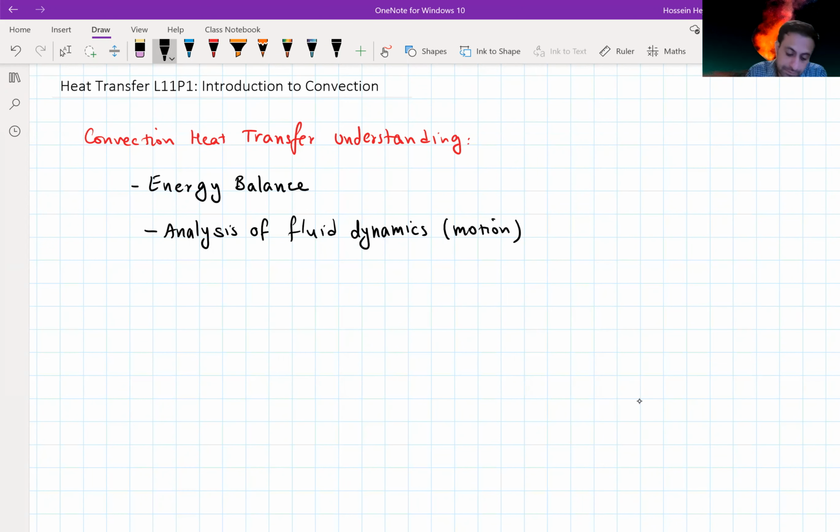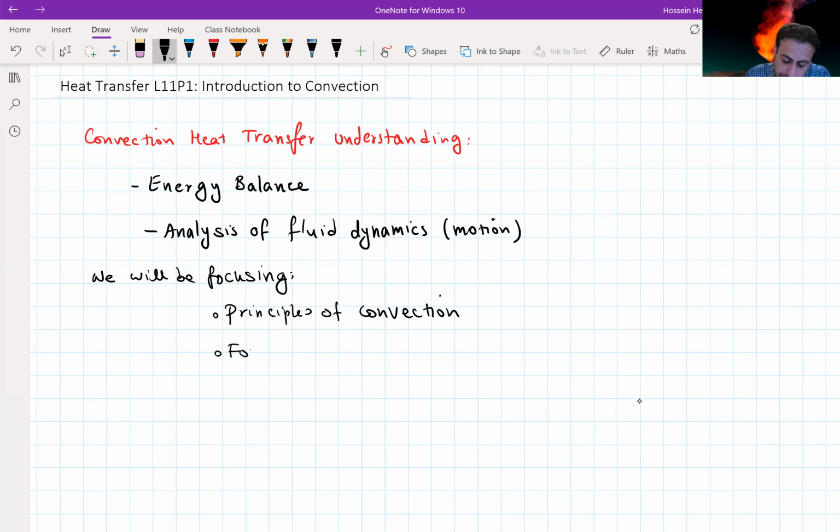In the next few lectures, we will be focusing on the principle of convection. Then we will look at forced convection.